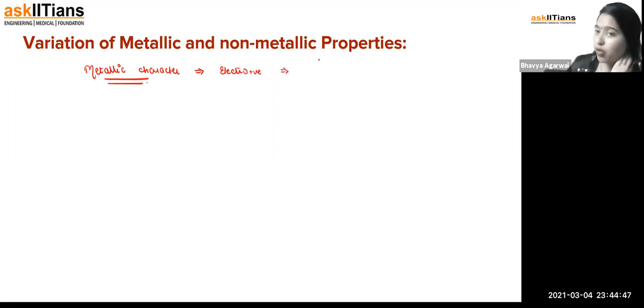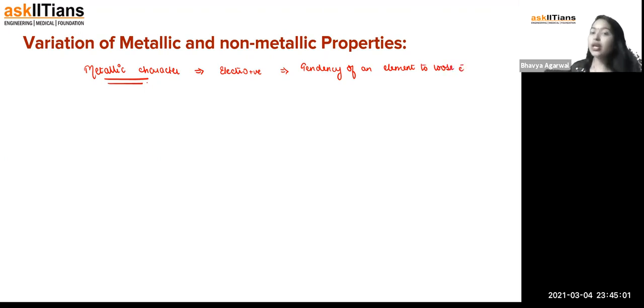So metallic character means the tendency of an element to lose electrons, because only after losing an electron can an element become positively charged, or cationic in nature. So how easily can an element lose the electron? That will talk about its electropositive nature, thereby making it a strong metal.